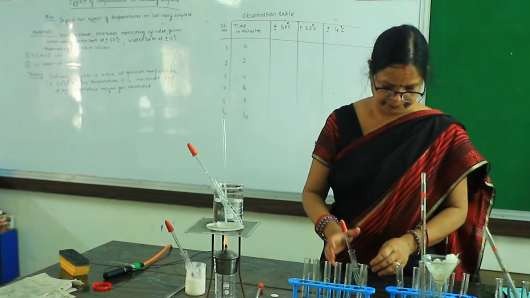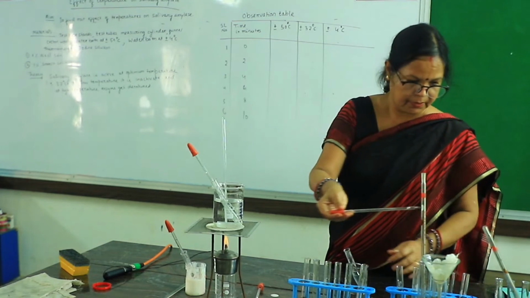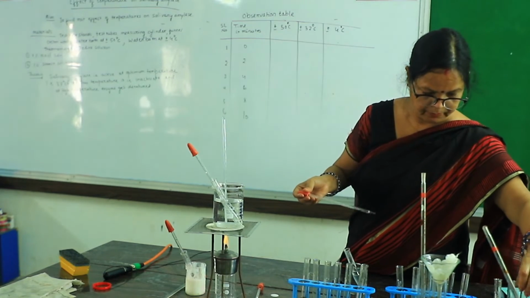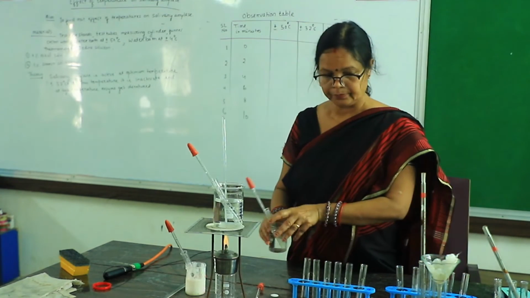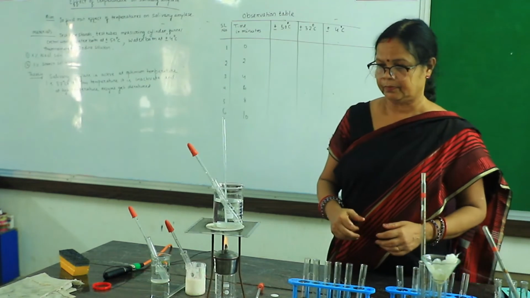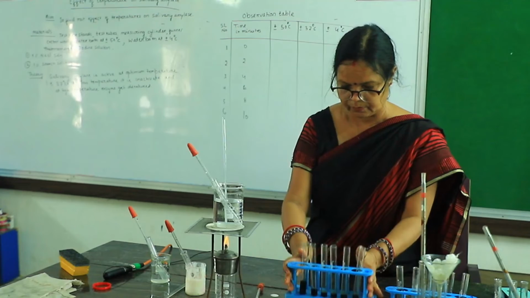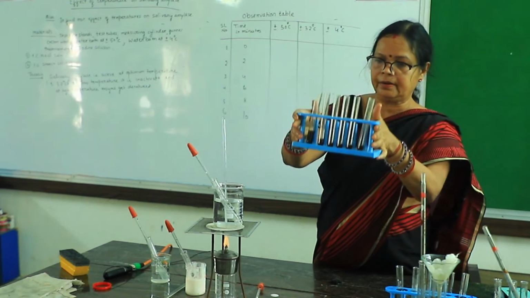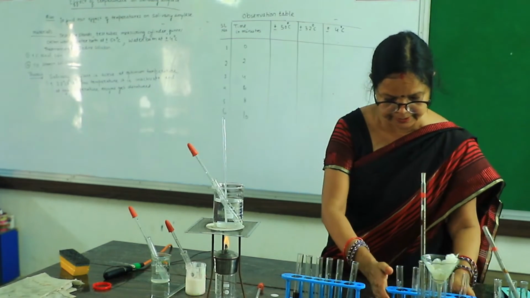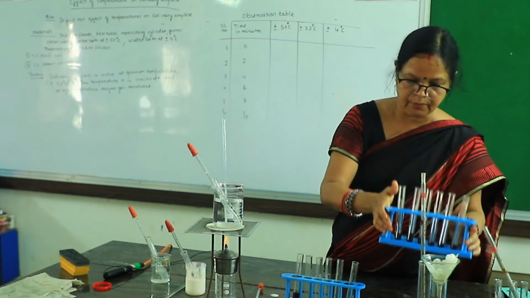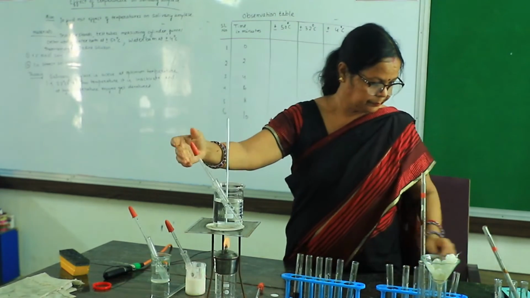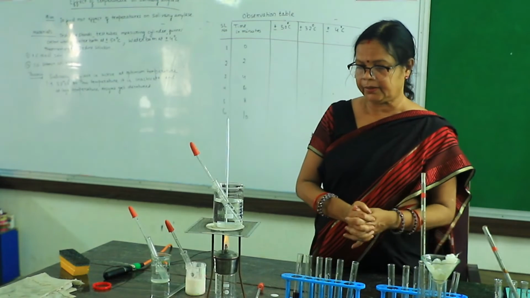And the normal, add to the second test tube. So look here, it already turned to blue black color, that is 4 degrees centigrade. The 50 degrees centigrade test tube is also blue black. Wait for another 2 minutes.